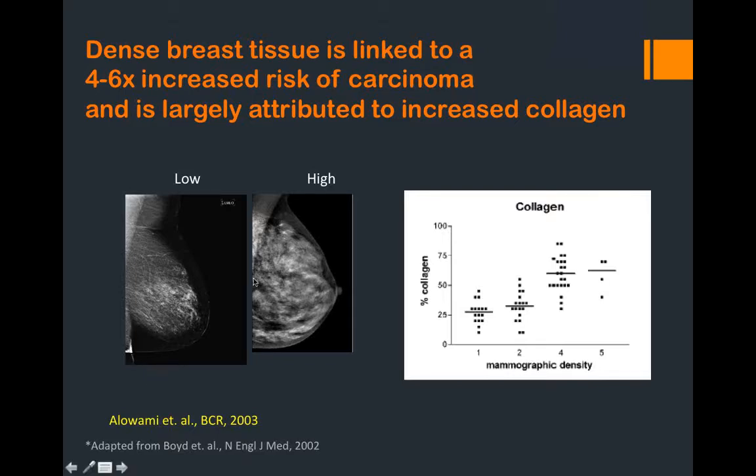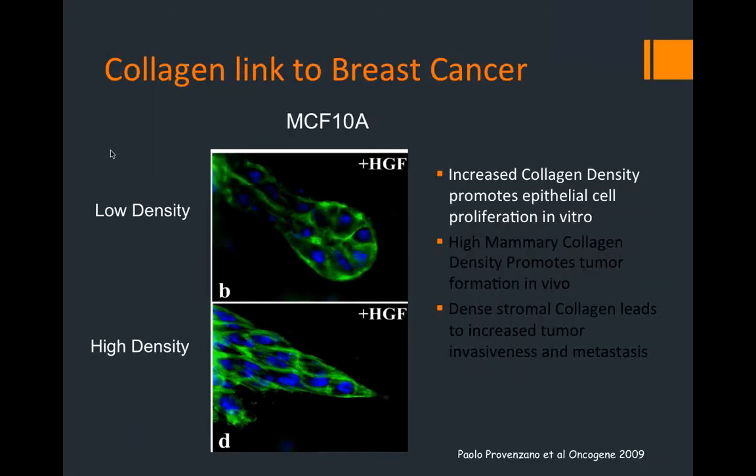And what they found was that when they looked at histologically stained sections from breasts with high mammographic density, they had a significant increase in collagen deposition compared to breasts with low mammographic density. This strongly suggests that increasing collagen alone might be playing a very critical role in the development of breast cancer.